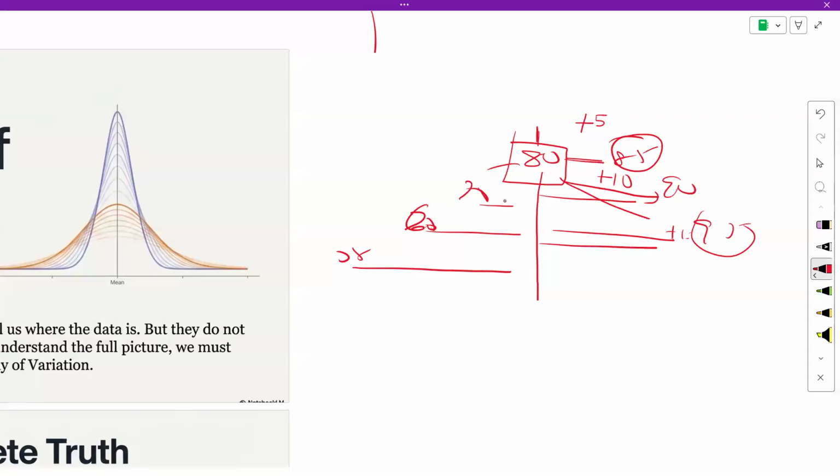So here 70 marks, you get minus 10 variation. Here 60 marks, you get minus 20 variation. And here 50 or 55, you get minus 25 variation. This is a variation.